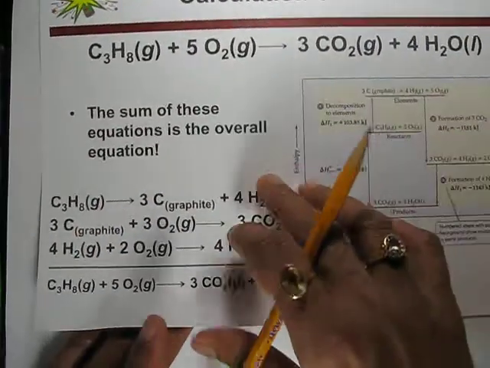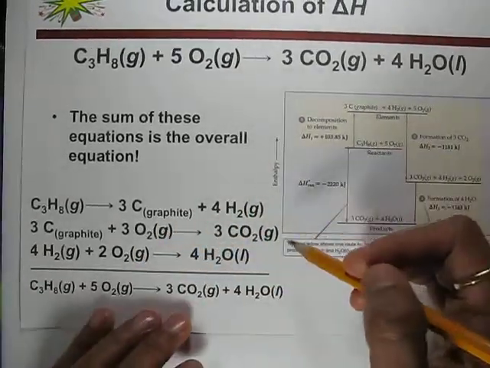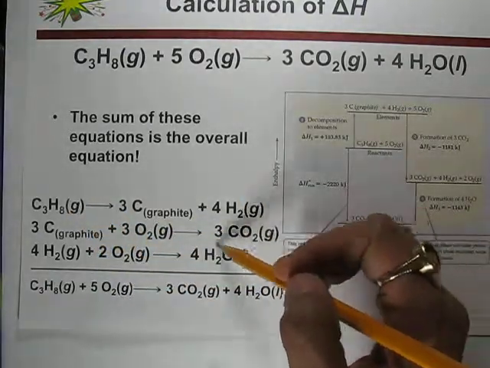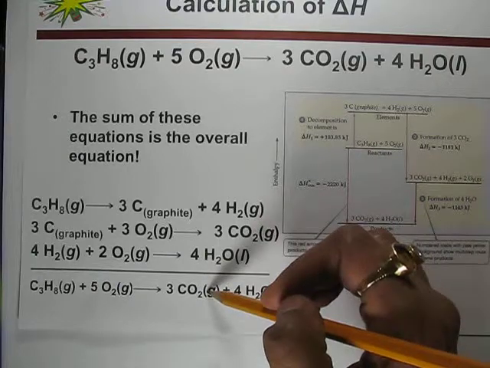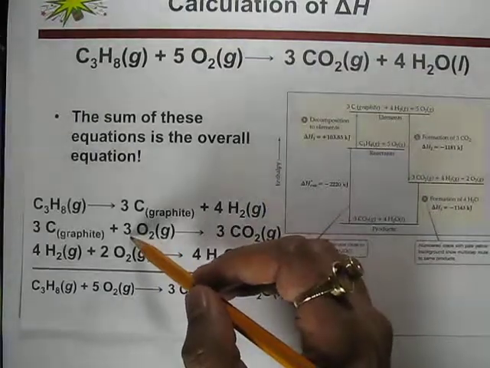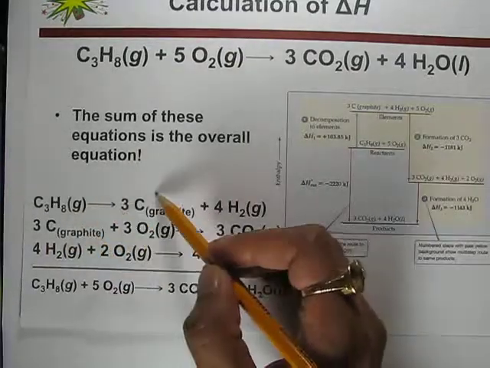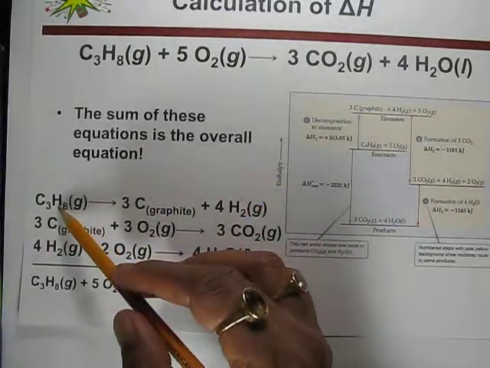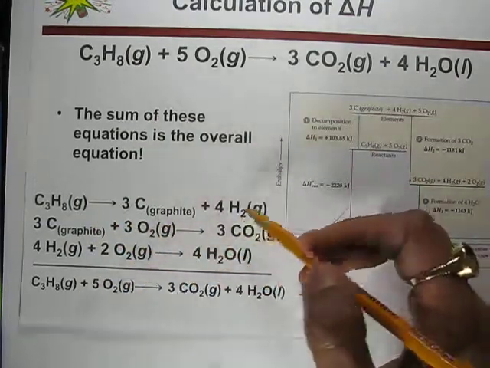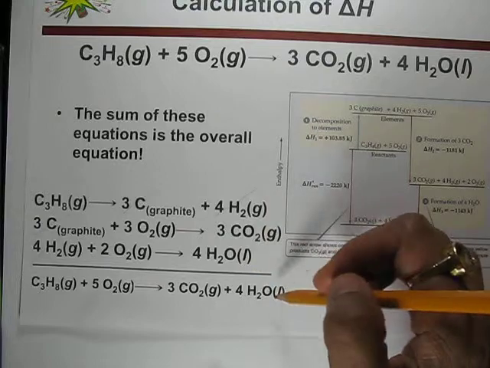So therefore we can sum these reactions, and once we sum them, you can see there are 4 water molecules forming and 3 carbon dioxide gas forming, and then 4 hydrogen and 4 hydrogen will be cancelled out, and 3 graphite will cancel out, so only 1 mole of propane gas and 5 mole of oxygen gas remain, and 3 mole of carbon dioxide gas will form, and 4 mole of water molecule form.